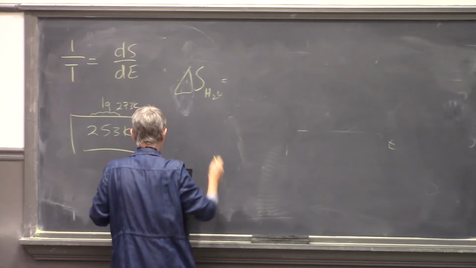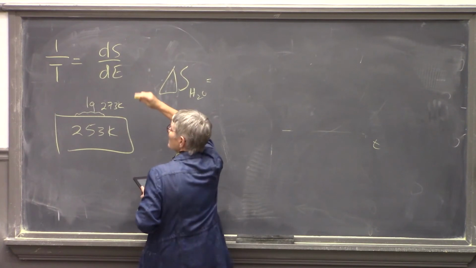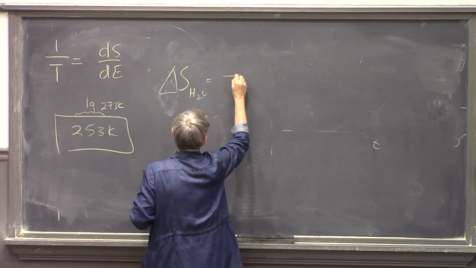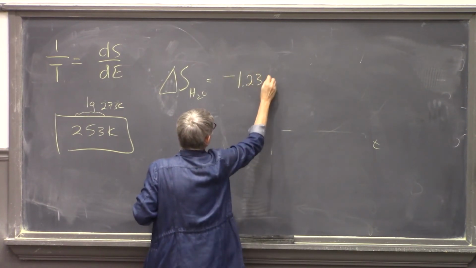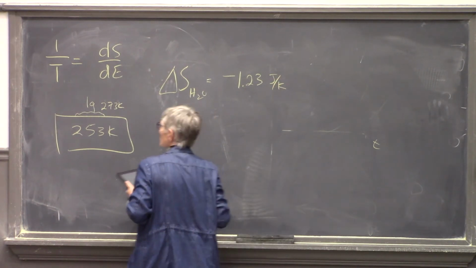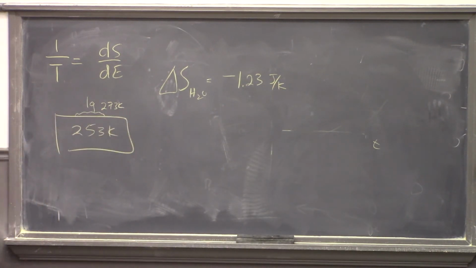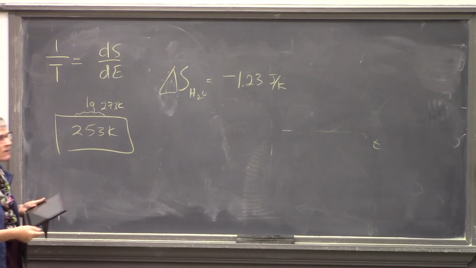So the change in entropy of the water, we already calculated that. It's just now it's going to be a minus 1.23 joules per Kelvin because it loses 335 joules. So the entropy of the water now goes down.